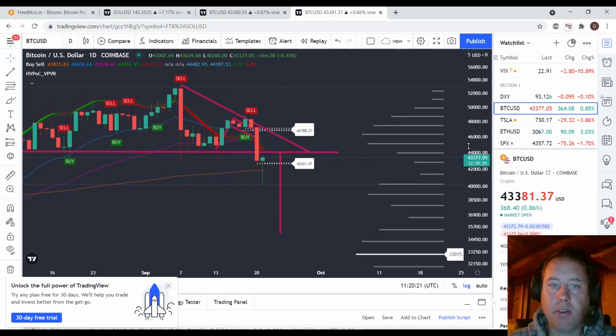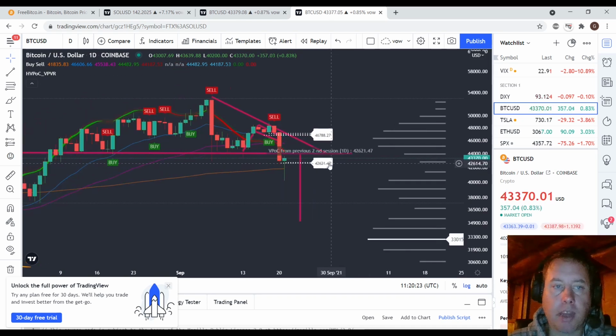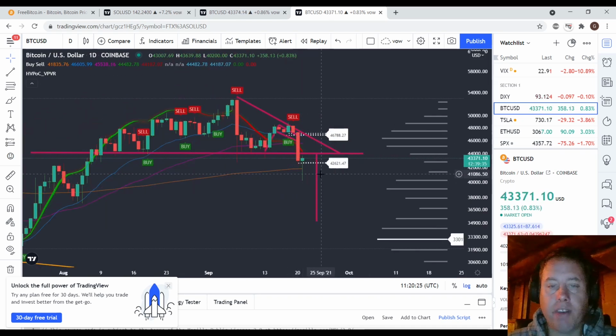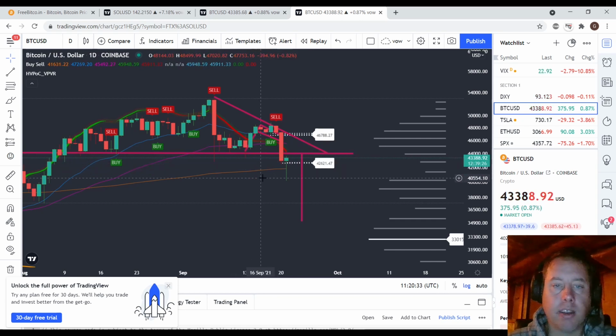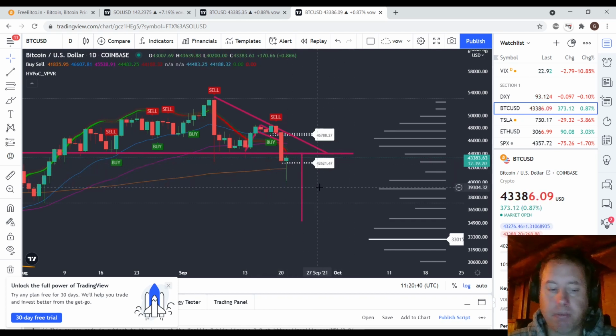I do think there will probably be a little bit more downside to Bitcoin in the very short term if we do not manage to get back within this triangle pretty quickly. I think a lot will depend on the whole China situation and Evergrande and the stock market.